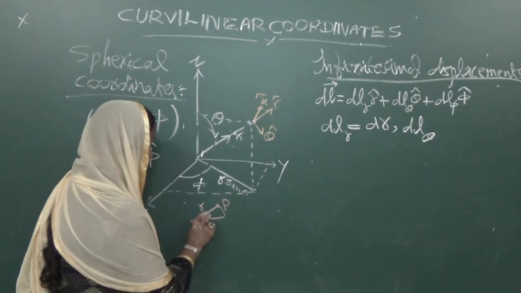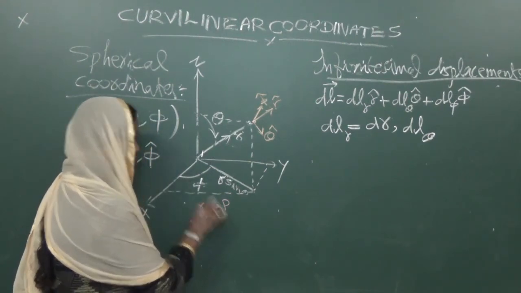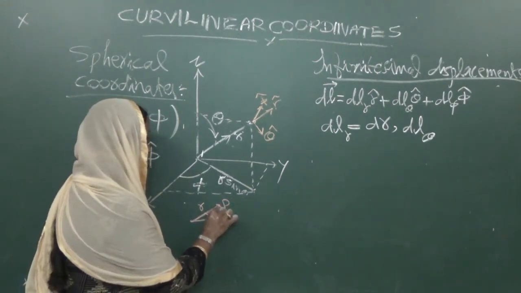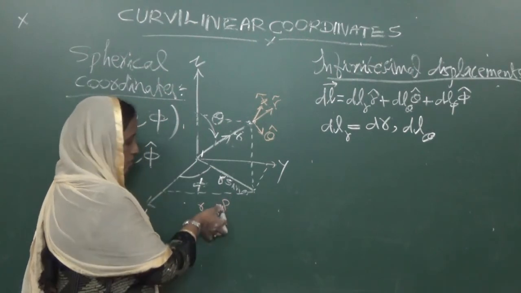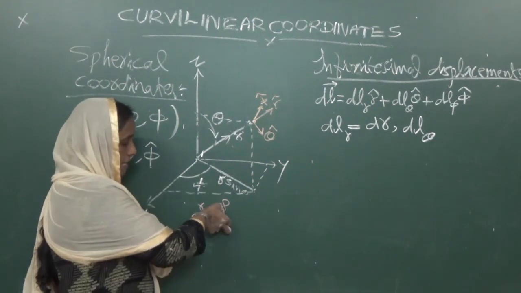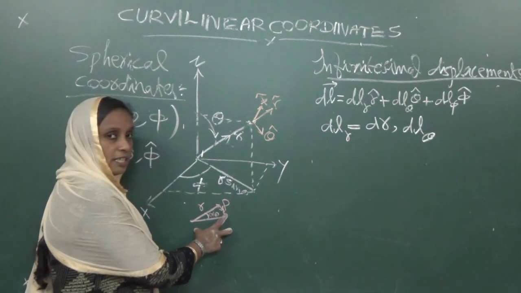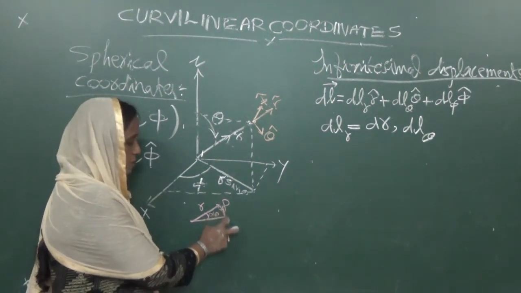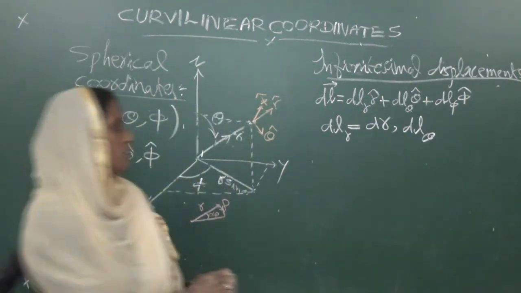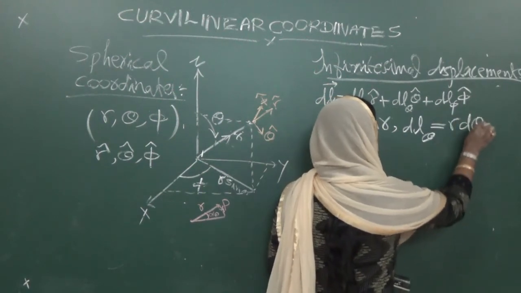So, variation in theta is given by this d theta. Okay. Then what is this displacement? What is the arc length of this displacement? This is r d theta. Is it clear? This displacement is r d theta. So, dl_theta is equal to r d theta.